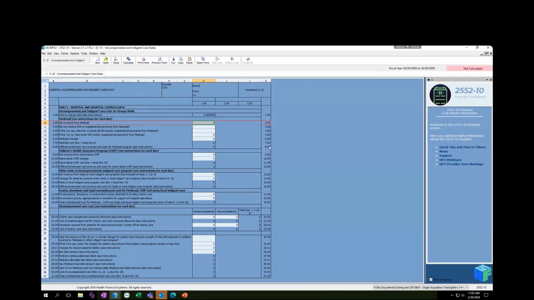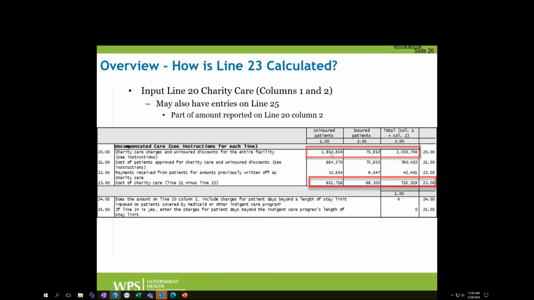Now, this is just a blank shell. I didn't want to have any provider's data out here. But there would be a cost to charge ratio here. That's what is used to reduce the charge down to the cost, basically eliminating any profit margin or markup, because CMS reimburses this based on cost. Or I shouldn't say they reimburse it based on cost. They use the cost data to determine the UCP payment down the road.